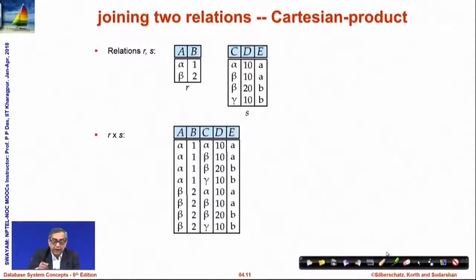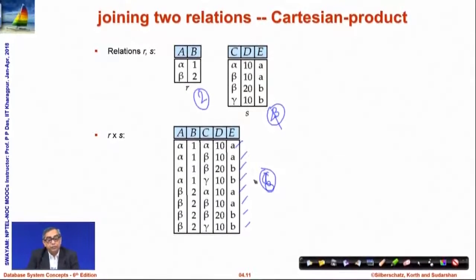Since this has two records and this has four records, this will have 1, 2, 3, 4, 5, 6, 7, 8, so 8 total. All possible pairings of records of R and records of S are included. So, that is a Cartesian product, all possible combinations.